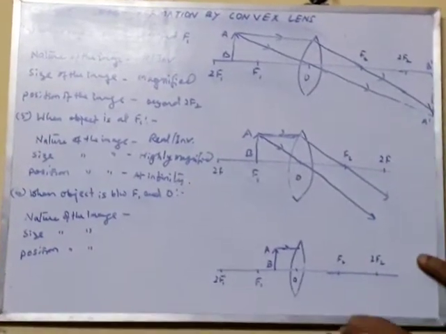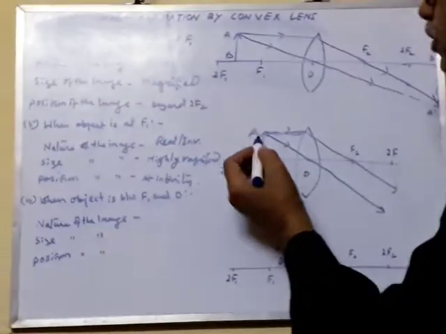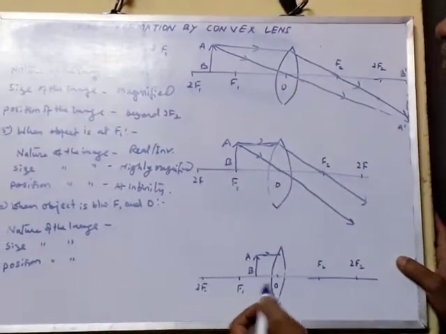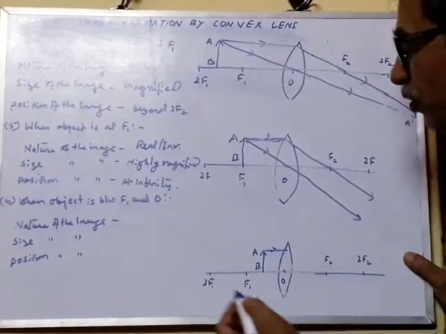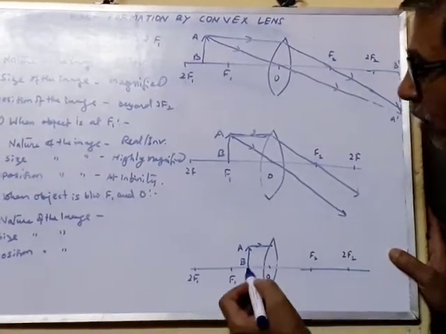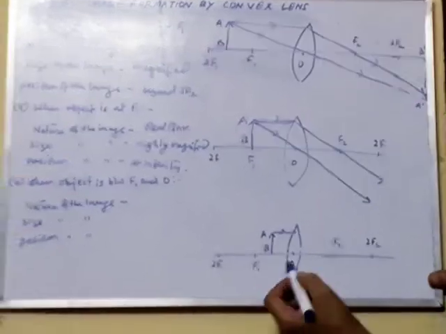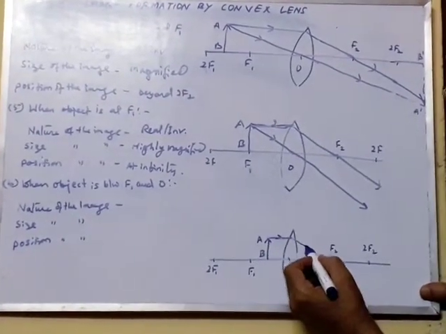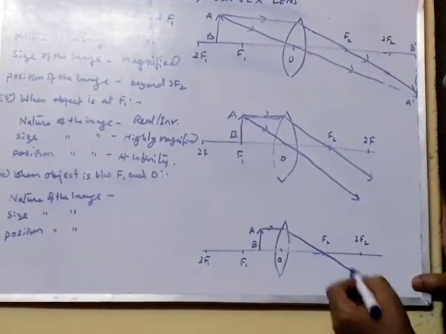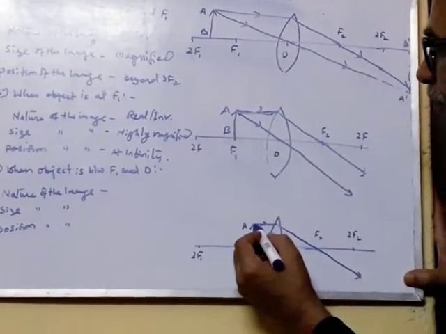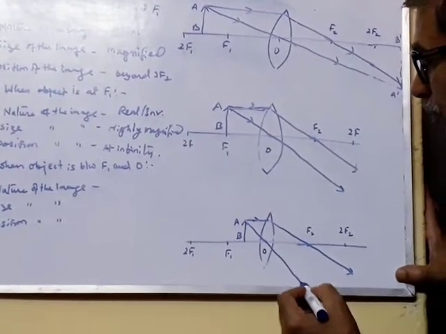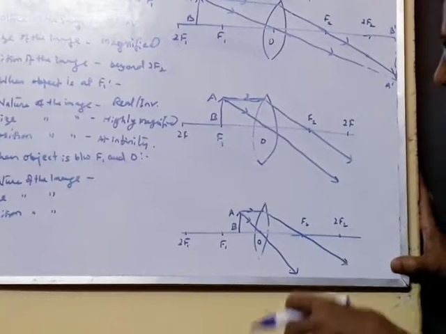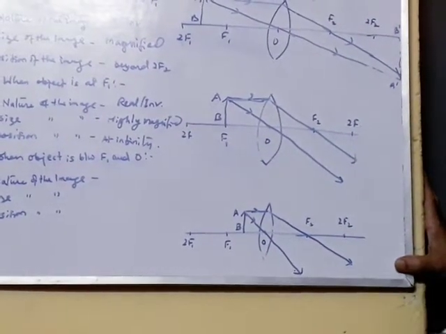Now we have to bring the object AB closer to the lens. In this case, the object is placed between the principal focus and optical center. Select a ray parallel to the principal axis. After refraction, it passes through the focus. Select another ray which passes through the optical center, so this ray goes in this direction. Clearly you see that the two refracted rays are diverging, which means they will never intersect each other.